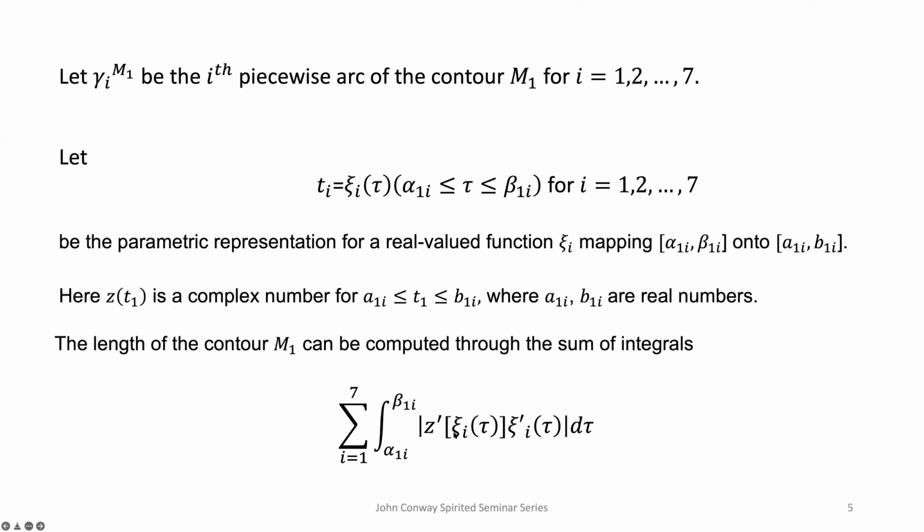And this psi I is the parameter representation for the first parameter. Once we have a parameter representation, that's how the regular contour construction works, and this becomes a length integral from alpha 1i to beta 1. This becomes the length of the integral for the ith piece. So each piece we sum up.